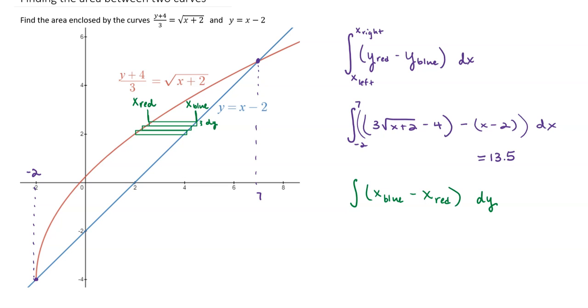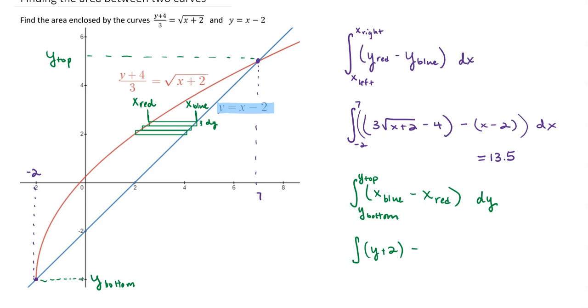Our lower limit of integration would be the y value at the bottom intersection point, while the upper limit of integration would be the y value up here. And x blue would be what we get by solving that equation for x, so that would be y + 2.